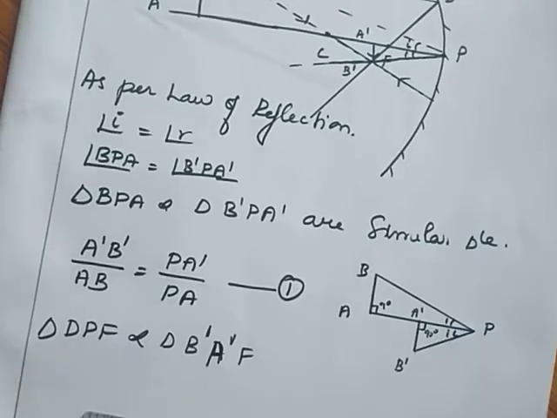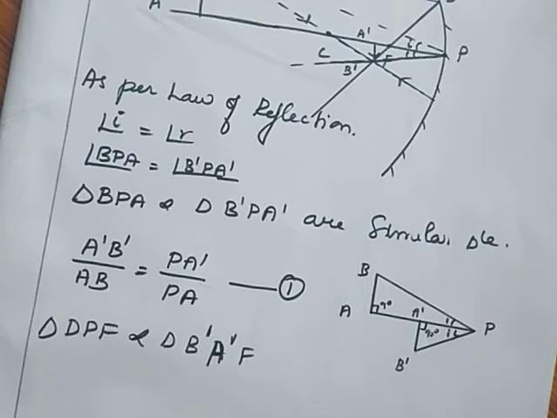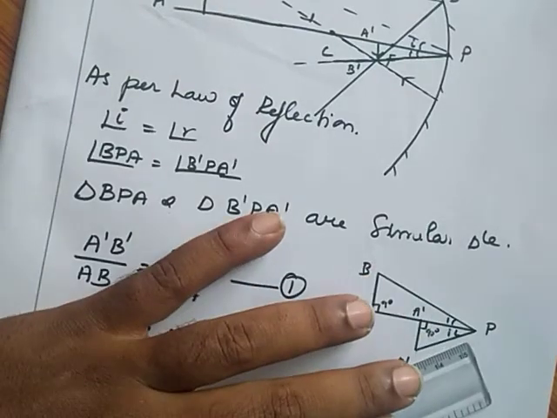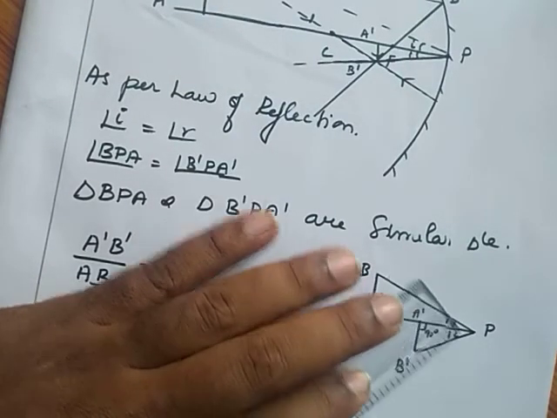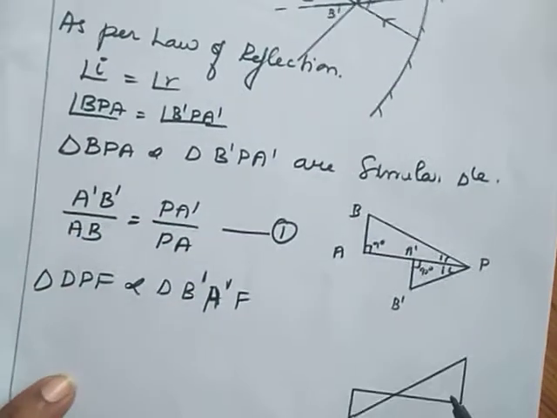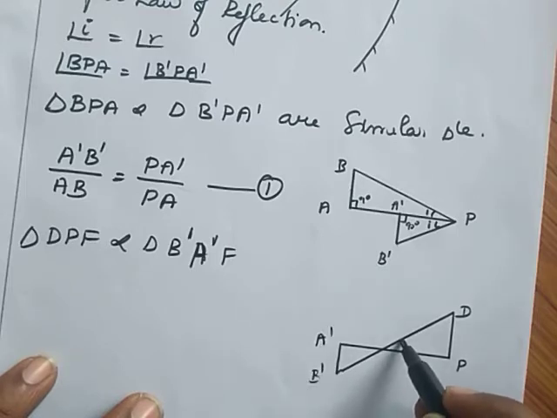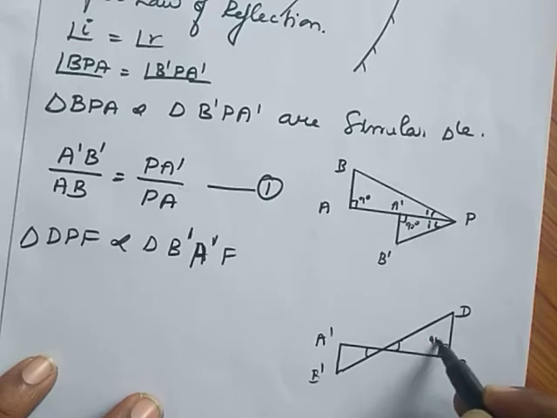Here I draw this. This is the point P, this is the point D, this is A dash, this is B dash. Opposite vertical angles are the same, so this angle and this angle will be the same. Here it is 90 degrees, here also 90 degrees, so these two triangles are similar.